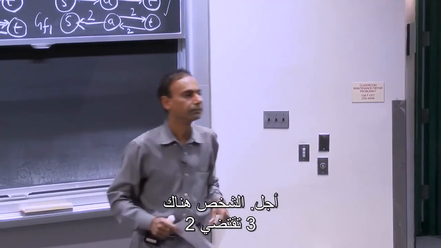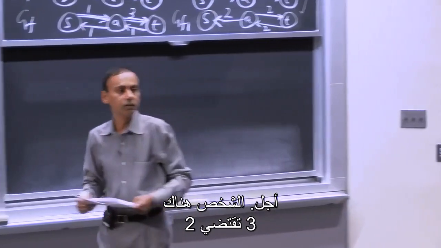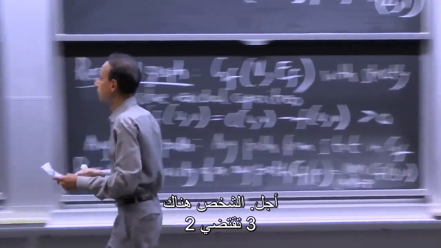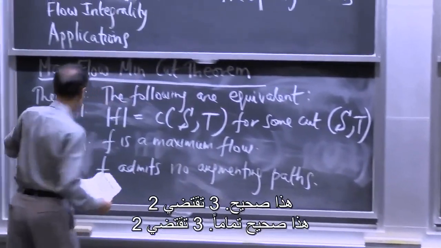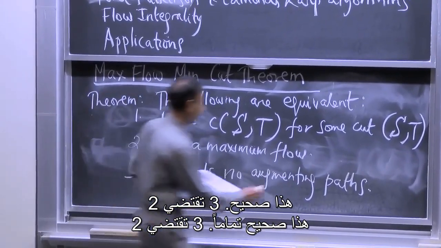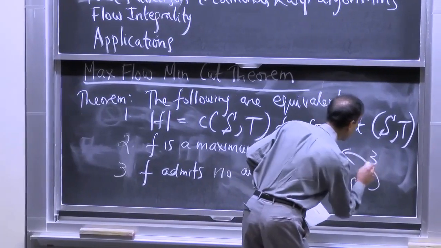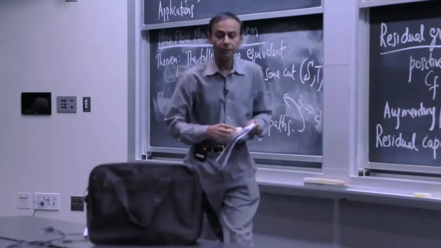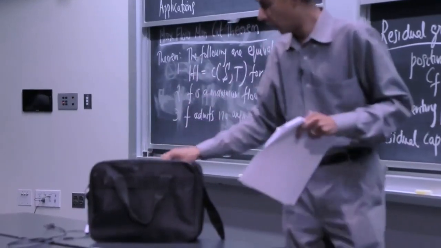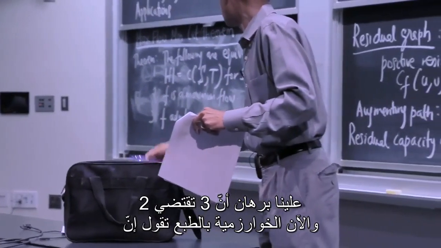Yeah, you over there. 3 implies 2. That's right, 3 implies 2, exactly right. So we need to do 3 implies 2.